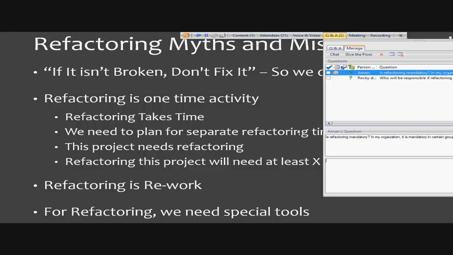Well, thinking about refactoring while you are developing is kind of mandatory. Mostly while we are practicing TDD, refactoring is one of the steps. So it is necessary to think about refactoring once you pass your test.